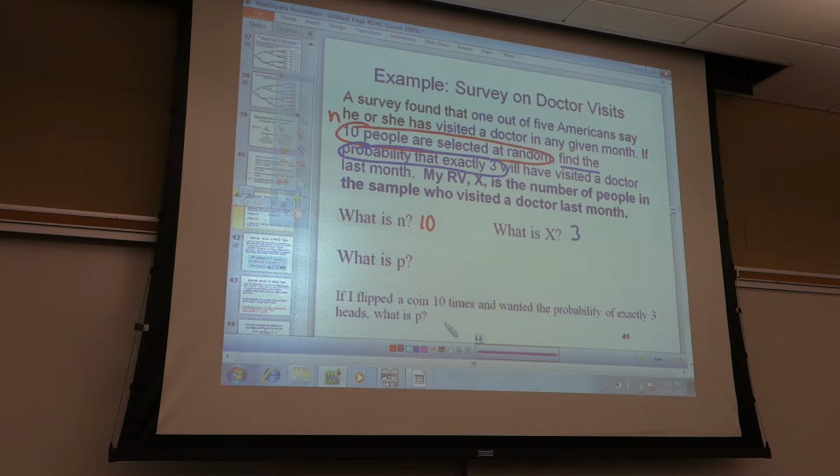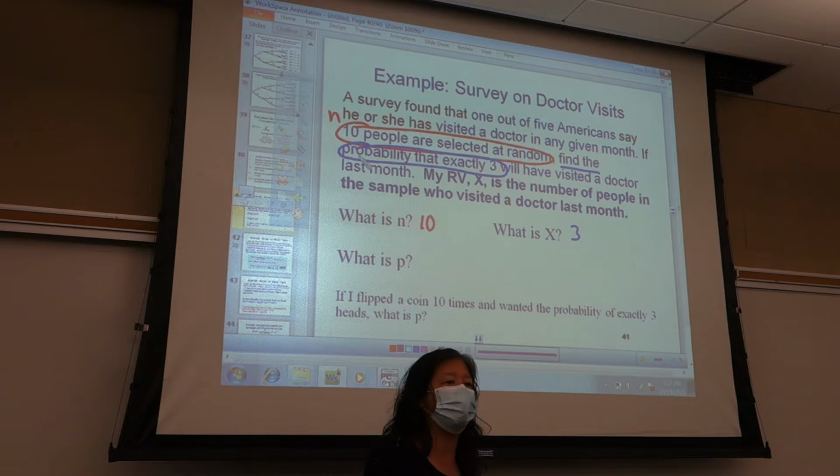All right, so let's look at that. If it's 3 out of 10, why would people think it's 3 out of 10? Because people are thinking that exactly 3 out of the 10 people. So here's the problem with that. Then what's the probability that I asked 10 people and all 10 of them have visited a doctor that month?